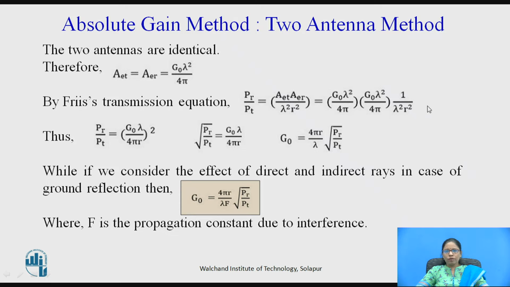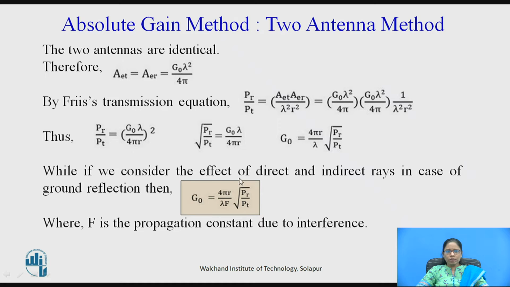If I simplify, I get square root of Pr by Pt as G naught lambda upon 4 pi r, or, as I am interested in the gain, G naught equals 4 pi r upon lambda times square root of Pr by Pt.